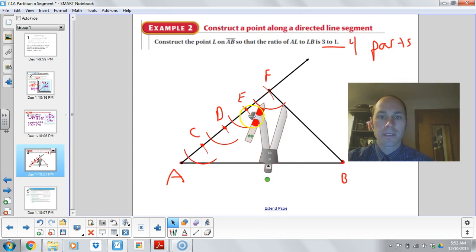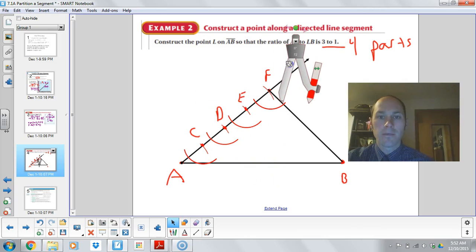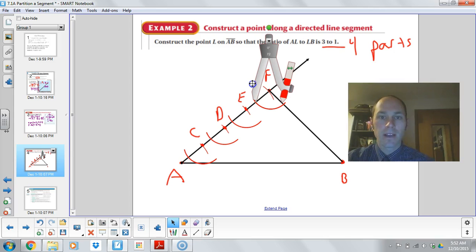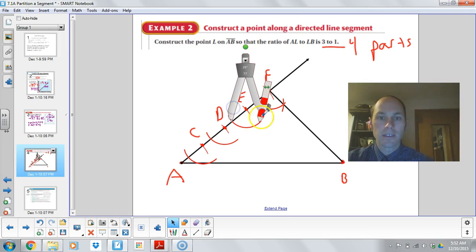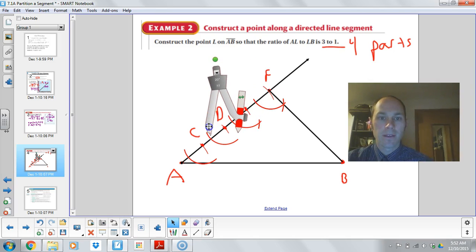So if I open my compass up, there we go. But I need to set my point on this intersection here. I want to copy how large the angle is open. So let me open my compass. I'm going to mark that angle. And I'll go to this intersection here, mark that. Same here. And same at this point.